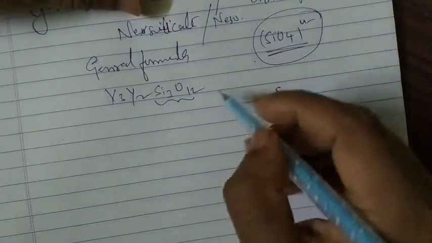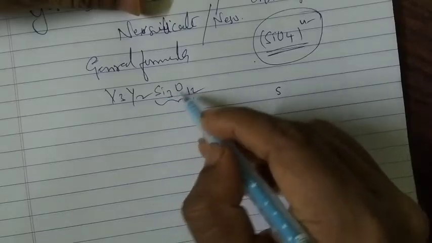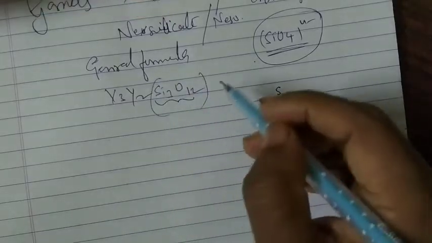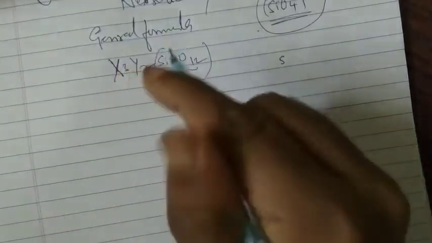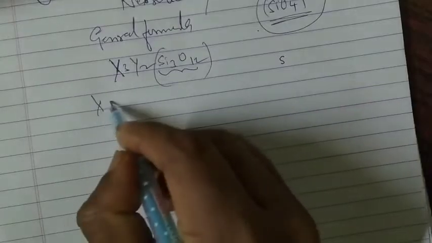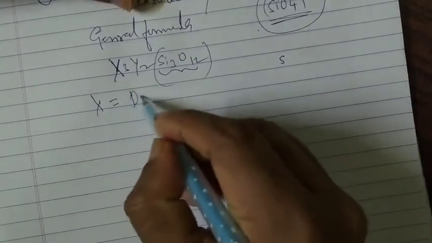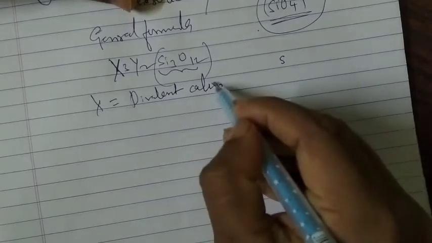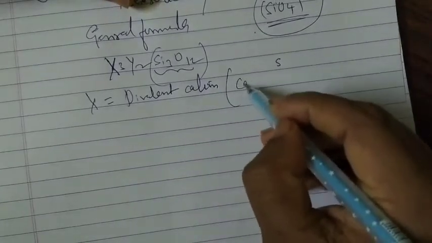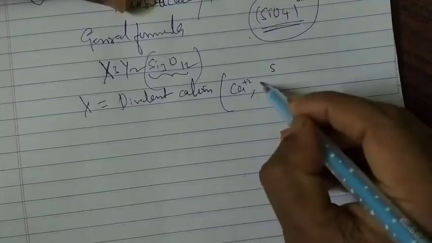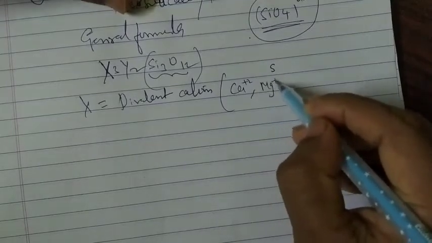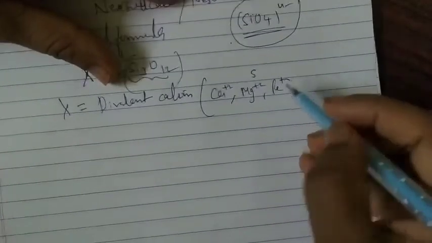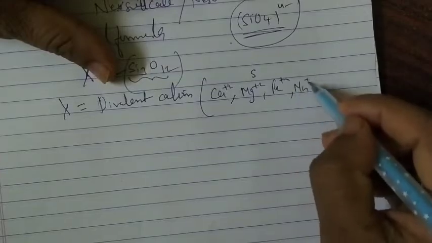So silica and oxide is a common factor in the garnets. In the general formula X3Y2, X stands for divalent ions, like calcium Ca+2, magnesium +2, iron +2, manganese +2.